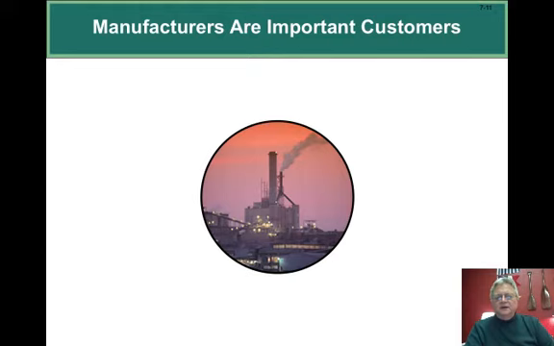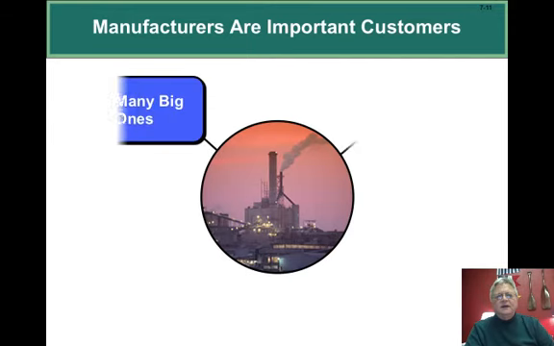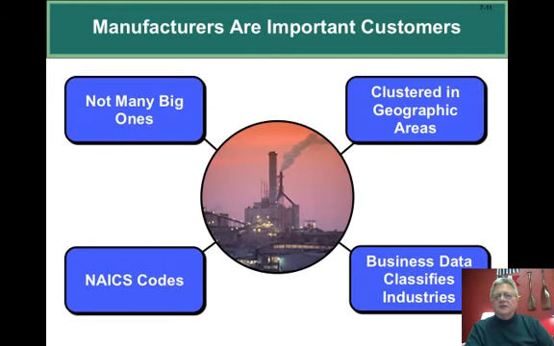Manufacturers are important industrial customers, organizational buyers, and if you look at the nature of manufacturing, you find that there are a lot of medium and small size manufacturing firms. There are some gigantic manufacturing firms, but also a lot of very small ones.